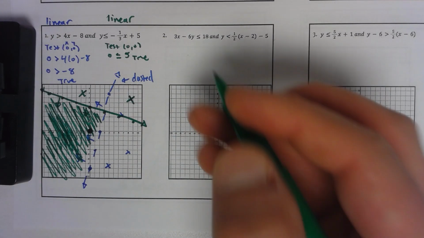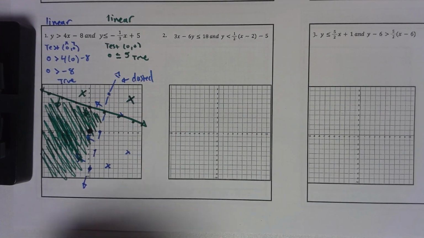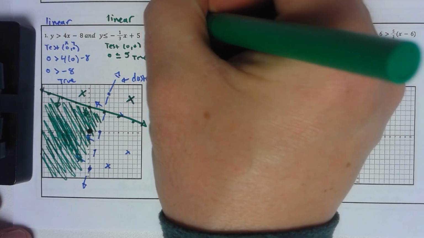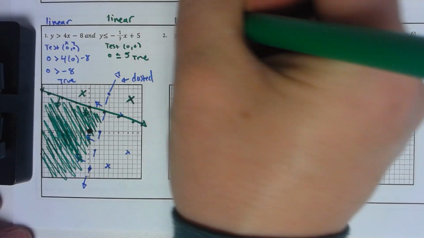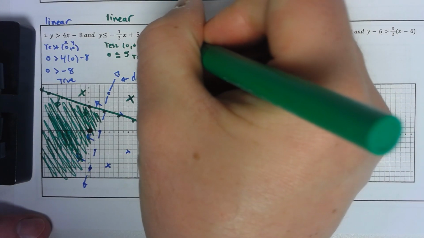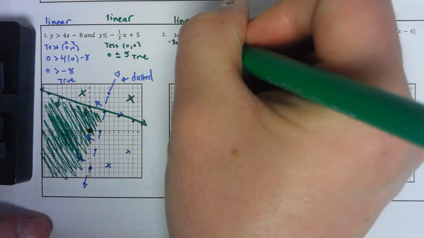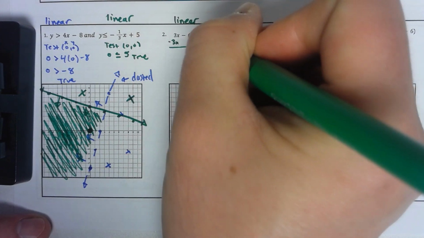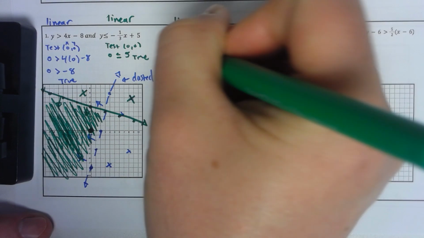All right, number 2, 3x minus 6y. That is a linear function, but it's a linear function that's in its standard form, and thus we need to convert it. So I need to subtract 3x. So minus 3x, minus 3x, making it negative 6y.